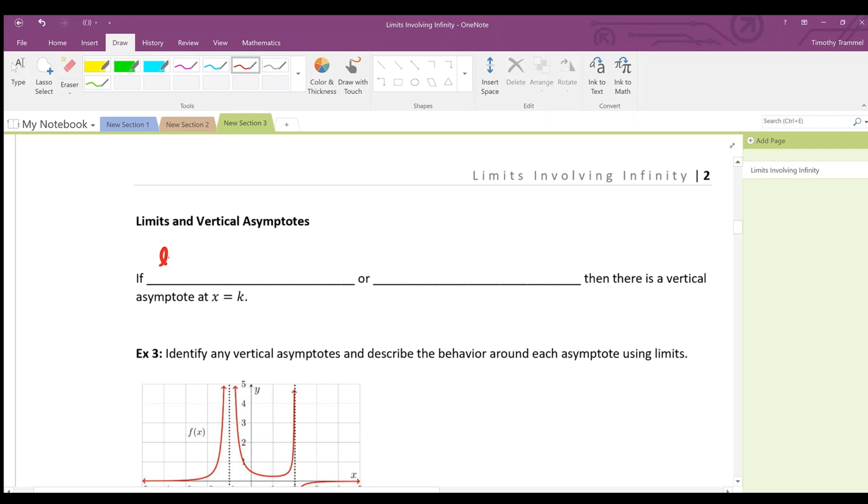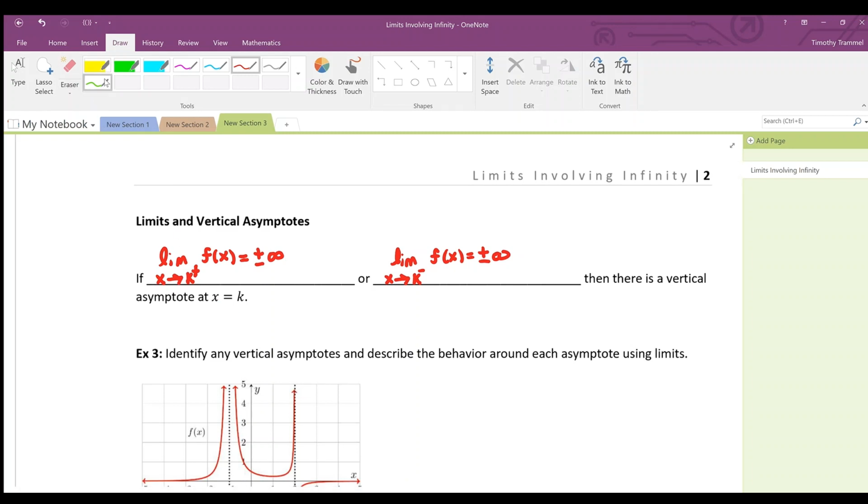So if the limit as x approaches k, let's say from the right, of f of x is equal to plus or minus infinity, or the limit as x approaches k from the left of f of x is equal to plus or minus infinity, then there is a vertical asymptote at x equals k.